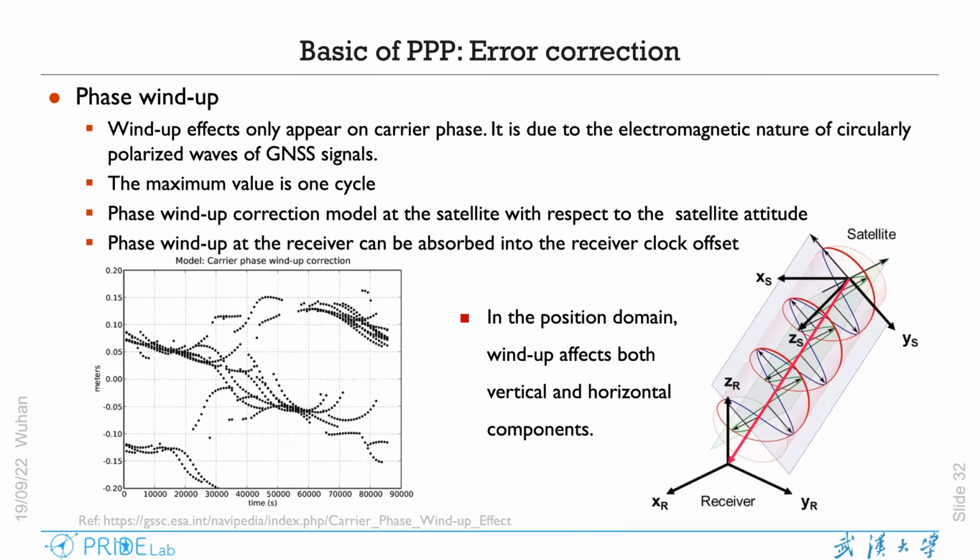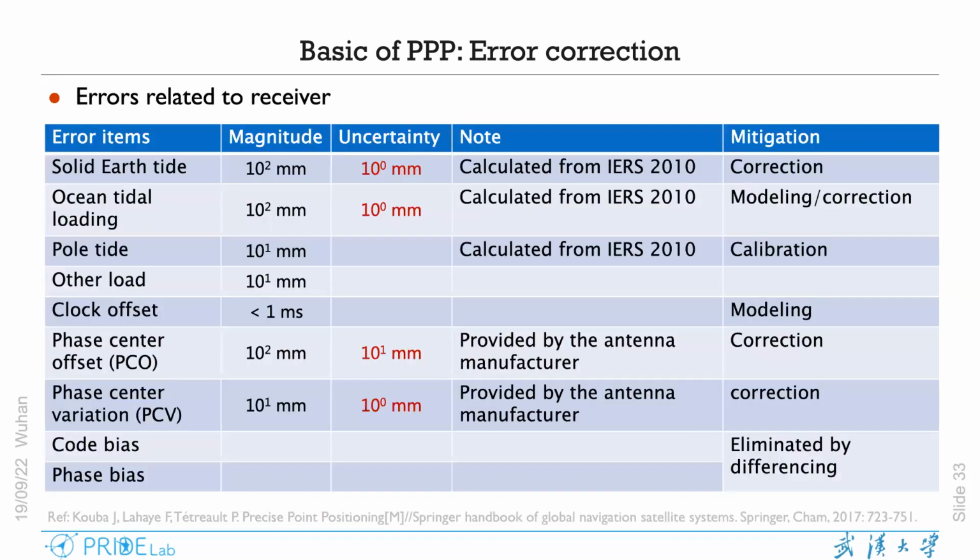The satellite-based wind-up can be corrected using the satellite attitude products. And the receiver-related wind-up effects can be absorbed by the receiver clock offset, because this kind of effect cannot be distinguished from the clock errors of the receivers.